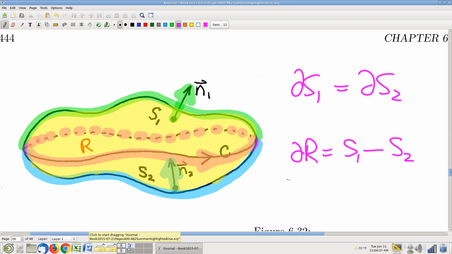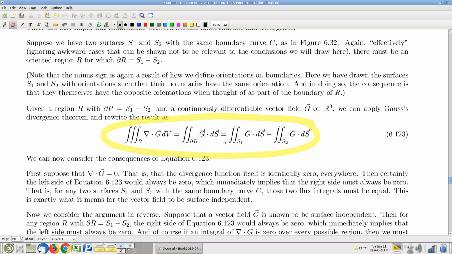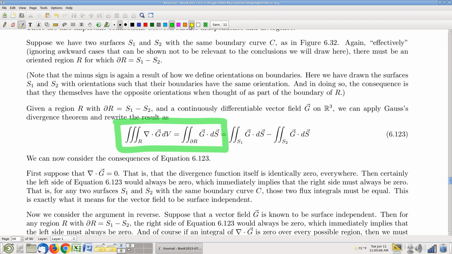Here's our picture. We've got this solid R. Its boundary is S1 minus S2. S1 and S2 have the same boundary curve. Let's look at Gauss's divergence theorem. There it is, applied to that solid R. Note this boundary surface, as we agreed on the previous page, is S1 minus S2.